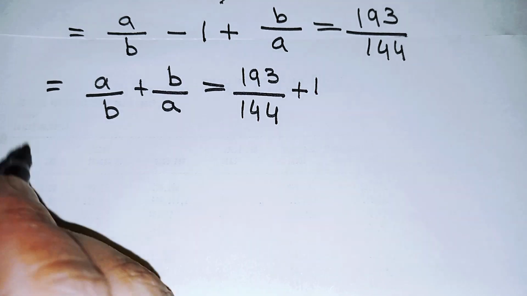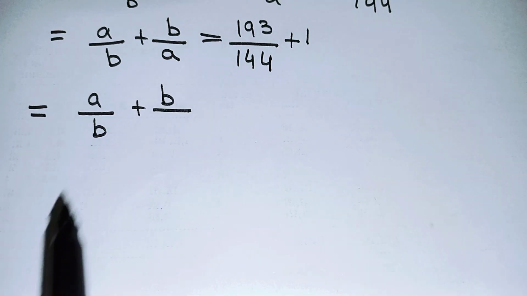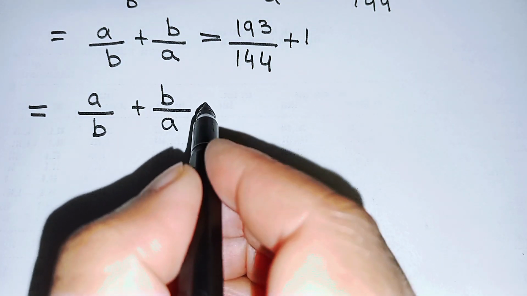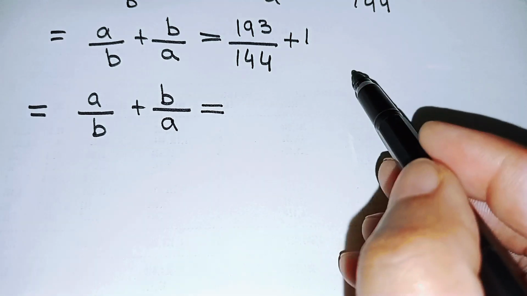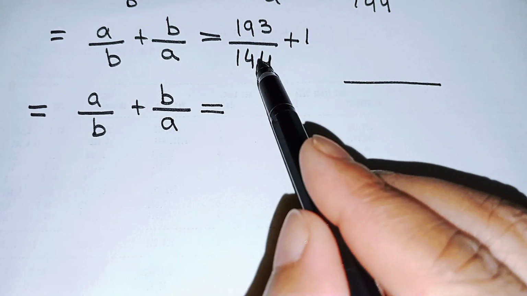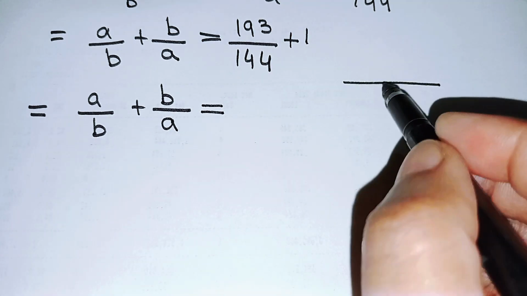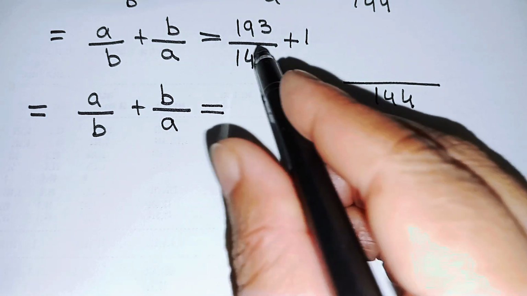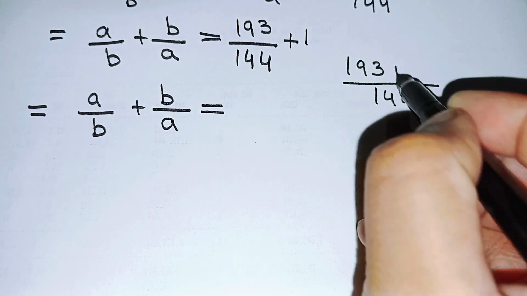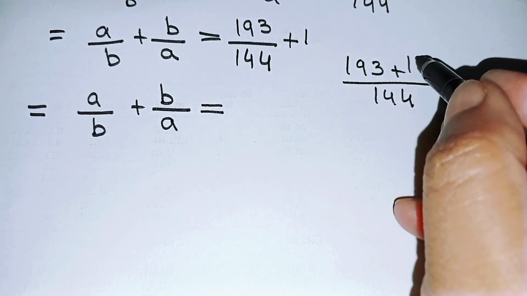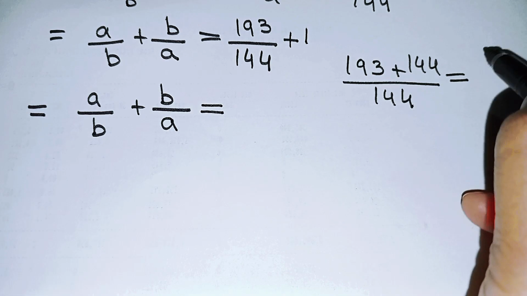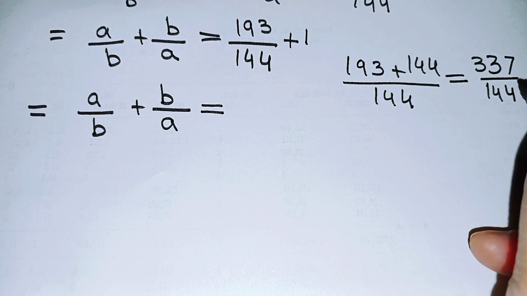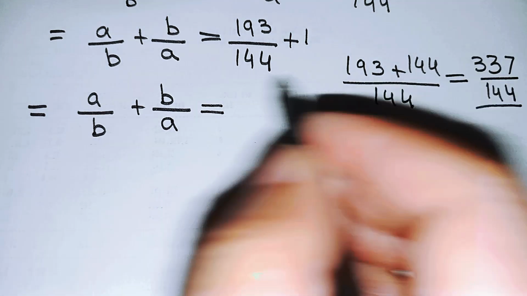So a over b plus b over a equals 193 over 144 plus 1. Taking the LCM, 144 is 144, 193 is 193, and plus 144 ones are 144, which is equal to 337 over 144.